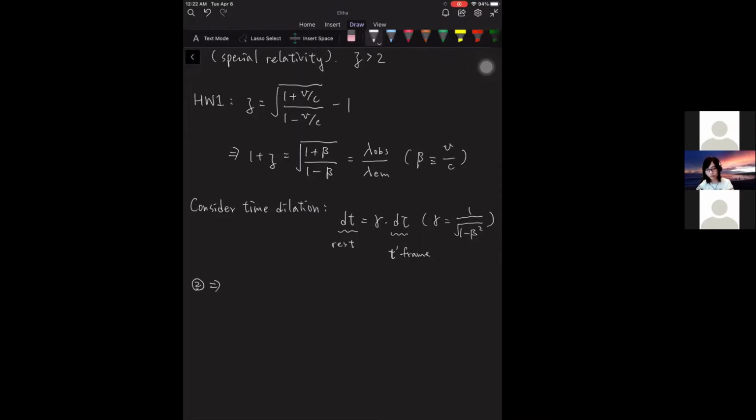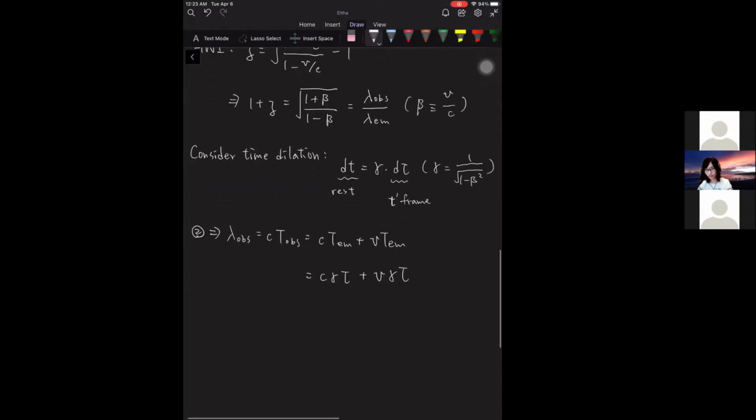Equation 2 gives us the observed wavelength is c t, which is the emitted wavelength, plus a distance of v times t, right? But now to fix it with special relativity, we know the observed time should be longer than the proper time, right? So it should actually be c times gamma tau plus v times gamma tau.